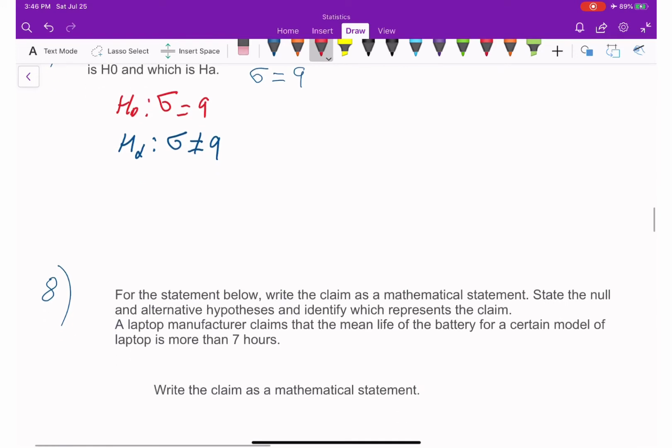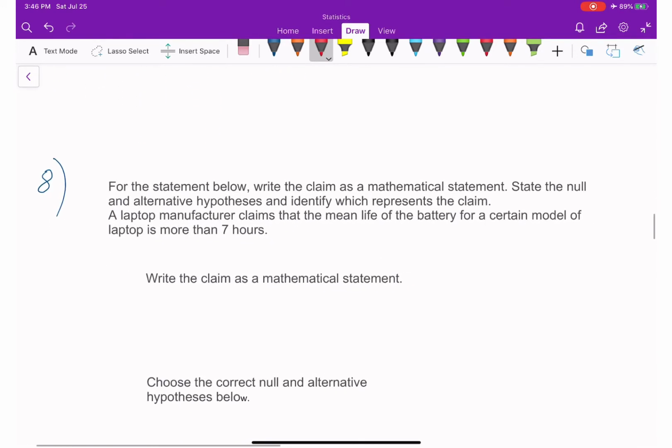Next one. For the statement below, write the claim as a mathematical statement. State the null and alternative hypothesis, identify which one represents a claim. A laptop manufacturer claims that the mean life of battery for certain model is more than 7 hours. So more than 7 hours, that's an alternative hypothesis, which means H alternative is mu greater than 7.